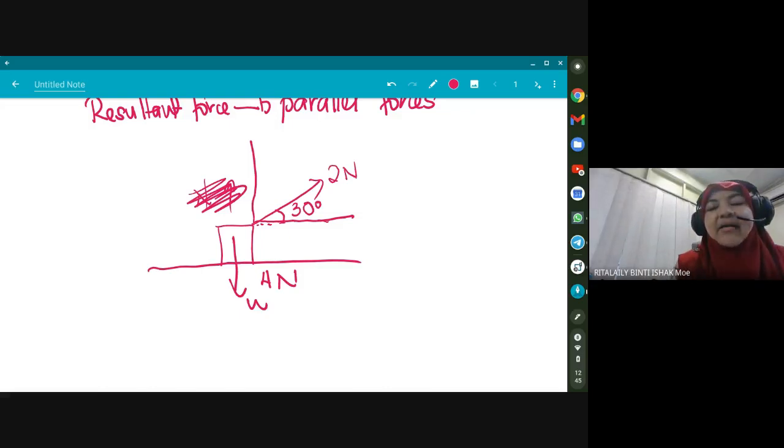One is parallel to the surface, the other one is vertical or perpendicular to the surface.